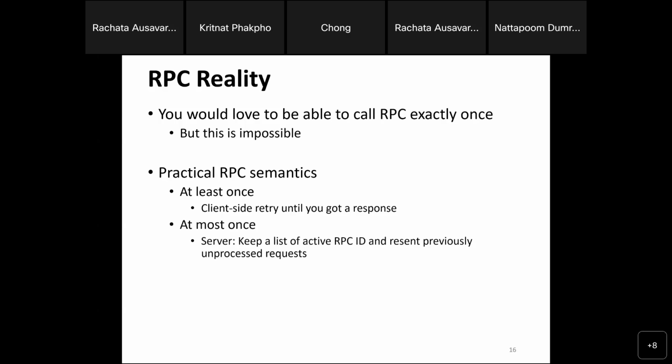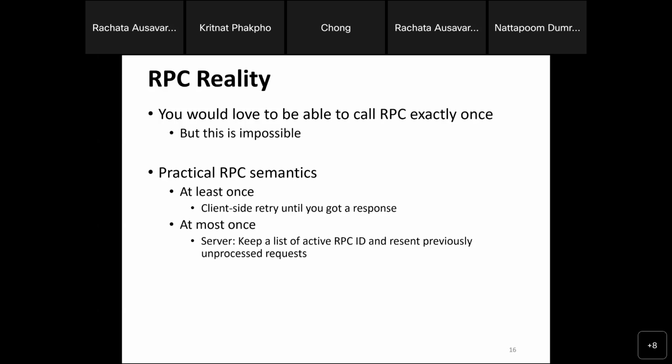The second practical implementation is what we call at most once. Now, on the server side, the client sends the RPC, and then the server keeps a list of any active RPC ID.